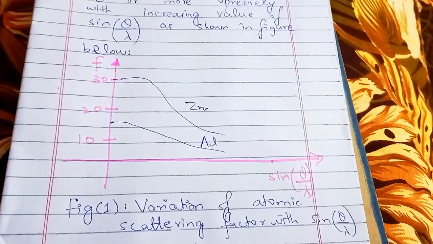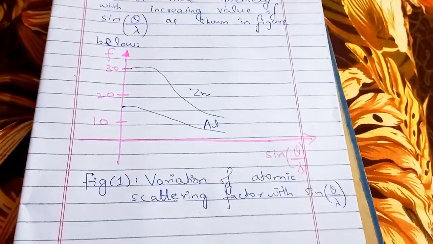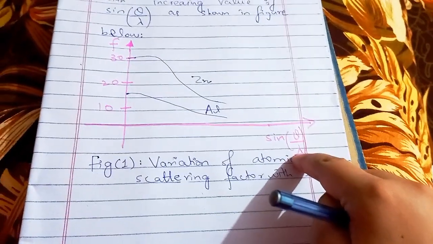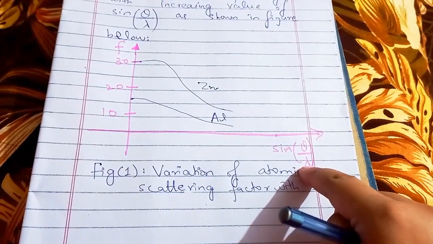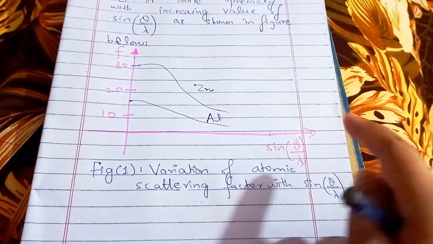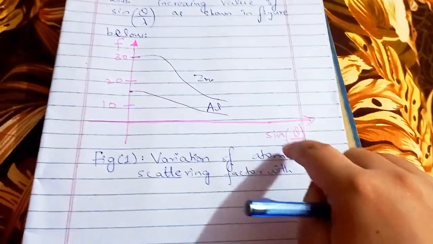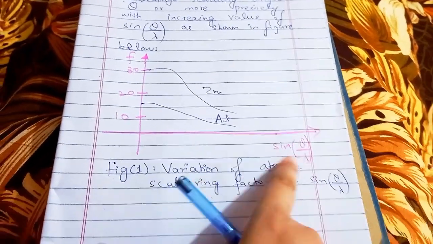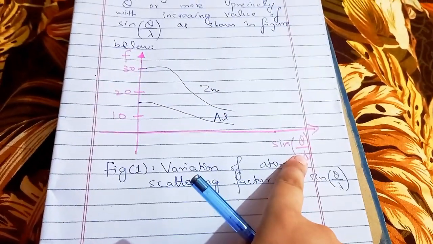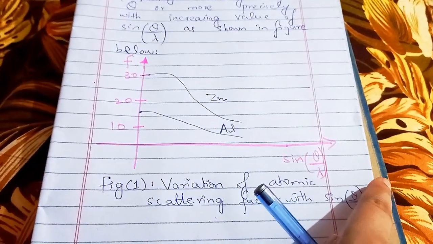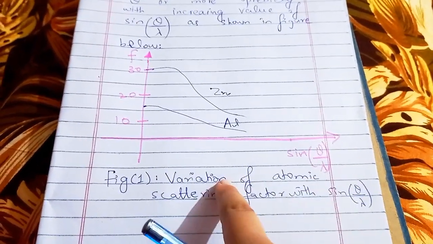So keeping a fixed scattering angle theta, if we change the lambda, which is changing the wavelength of the incident x-rays, how will the scattering factor change? It shows that the scattering factor is not constant or the same for different wavelengths. It is different for different x-rays.